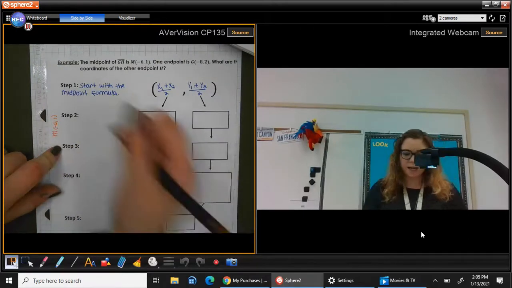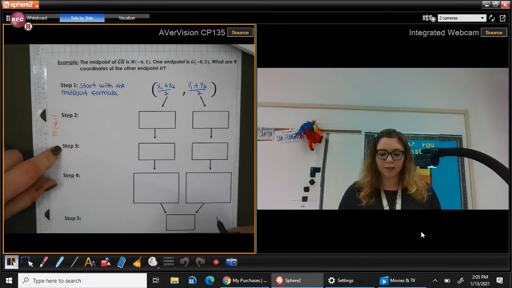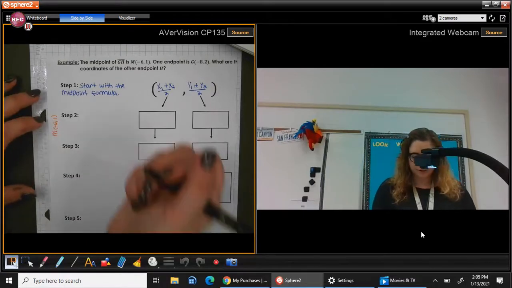Okay, so you're going to separate the expressions for each coordinate to create two equations.